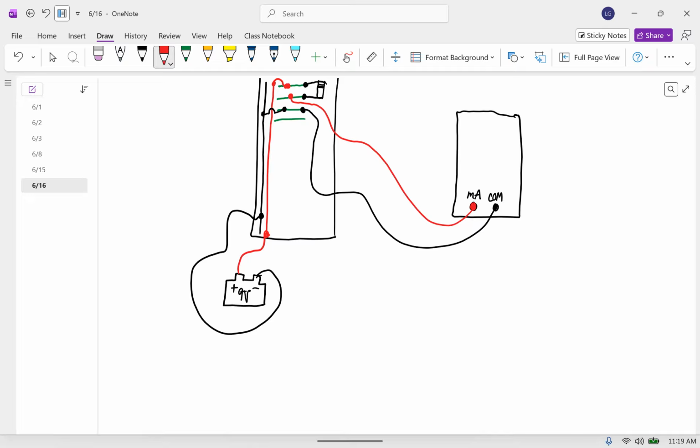And now if you follow what the current is doing, now this current can flow as long as it goes through the meter. So it's going to go positive of the battery, into the resistor, through the meter, and back to the negative of the battery.